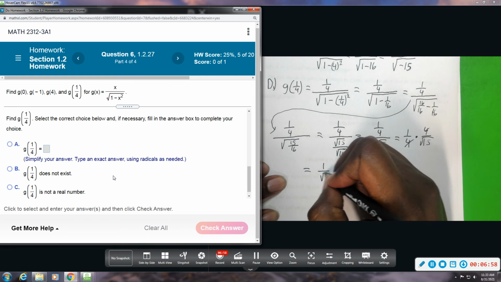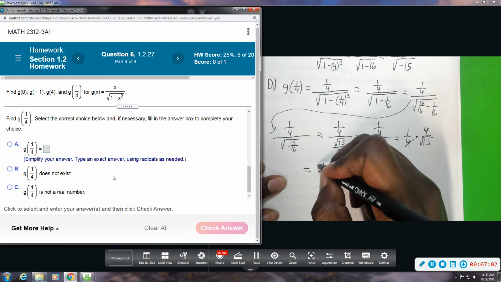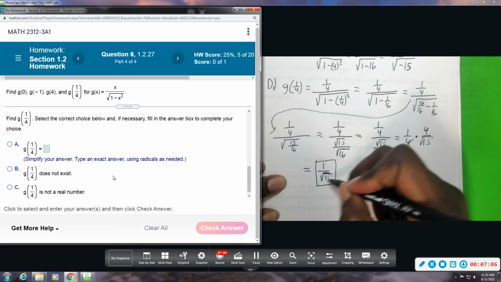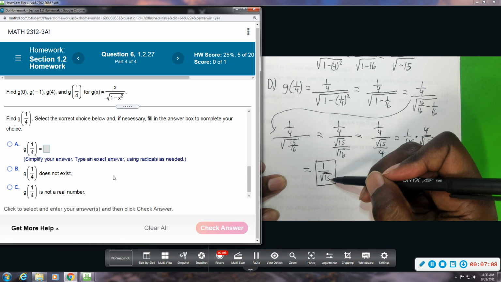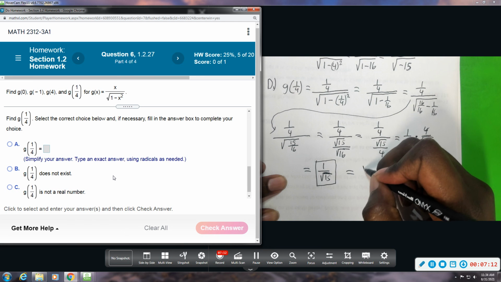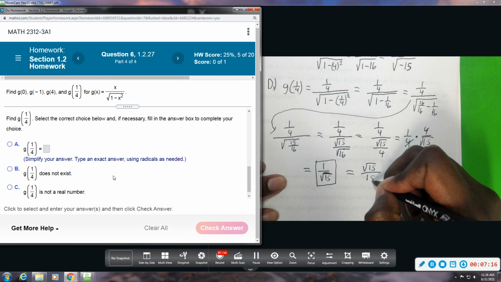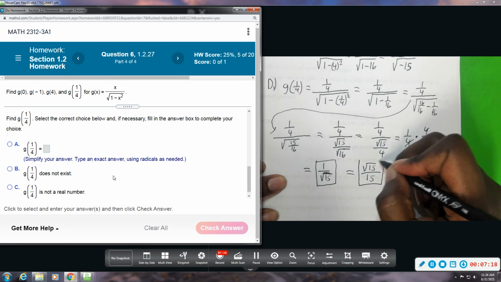At this stage you would want to rationalize the denominator, but the computer will accept this answer, and this is okay. However, if you rationalize the denominator and multiply top and bottom by the square root of 15, you would get the square root of 15 over 15. Either one of these answers is acceptable.